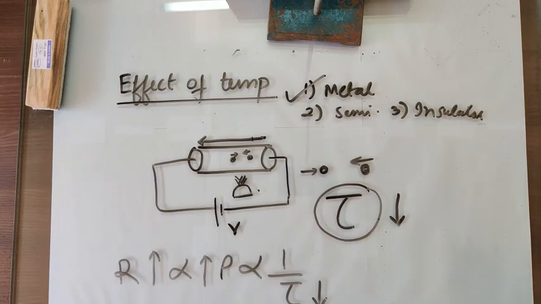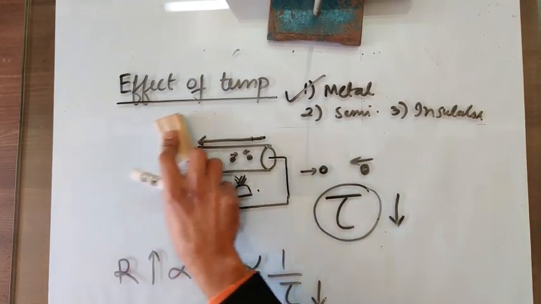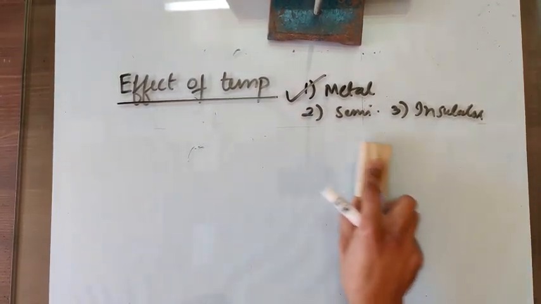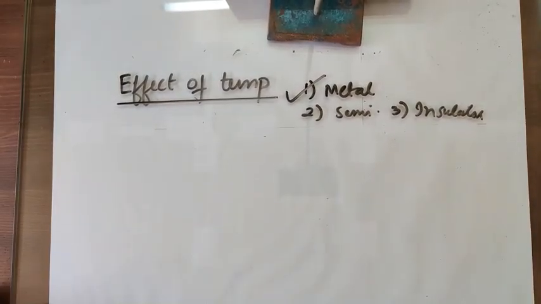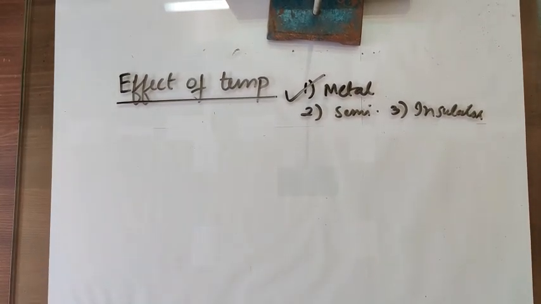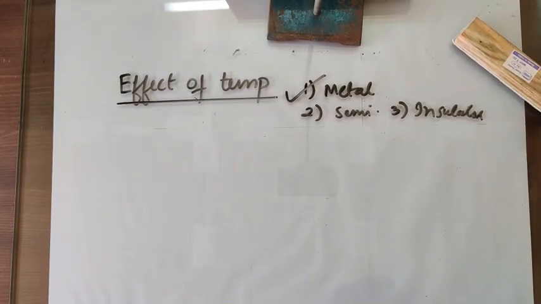Second, for semiconductor. In the case of semiconductor, the relaxation time tau does not depend on the temperature, but the number density of free electrons increases exponentially with the increase in temperature.